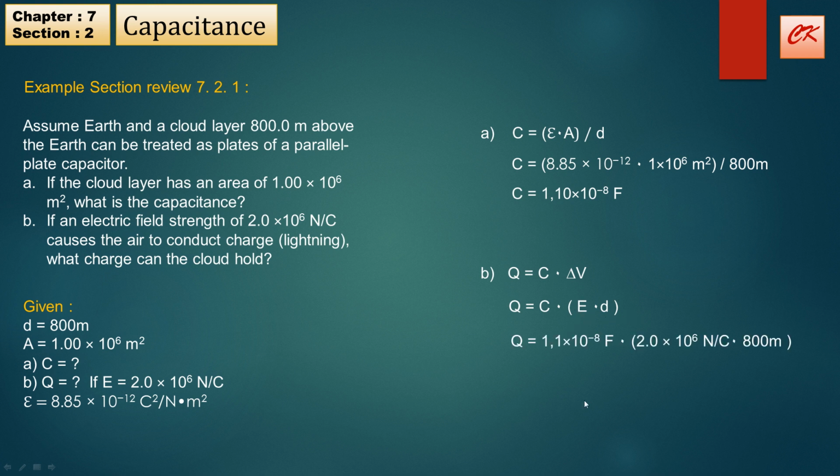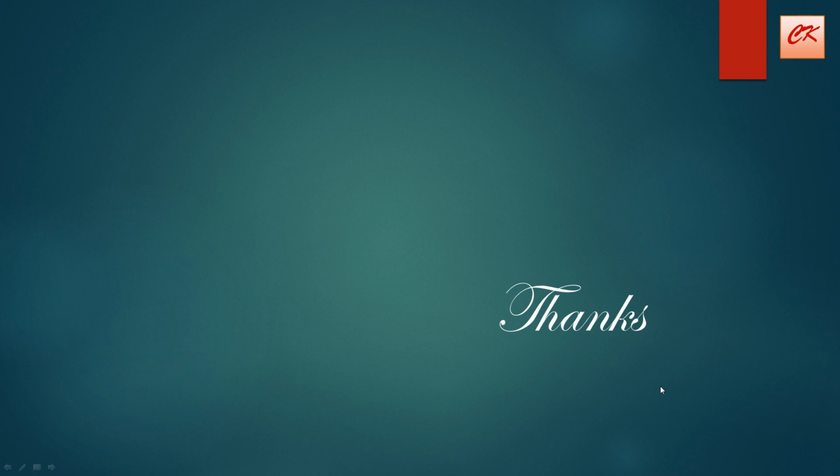Q is equal to capacitance 1.1 times 10 to the negative 8, electric field 2 times 10 to the 6, and distance between Earth and clouds 800. When you multiply them, you will see that 17.6 coulomb of charge is accumulated on the clouds, and it's a big amount. Thanks.